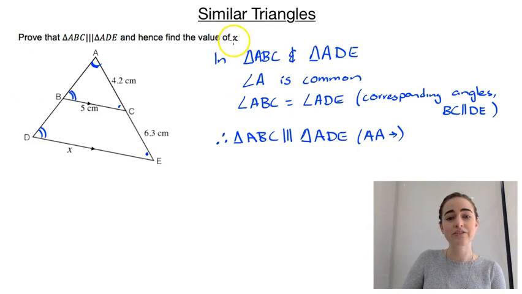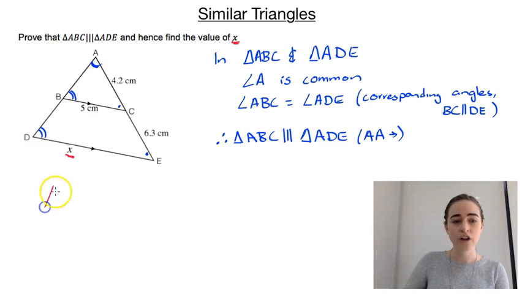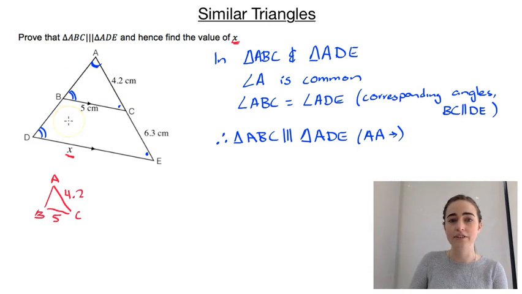The next thing asks us to find the value of X, so find the value of this side here. Now to do that, I'm actually going to draw our two triangles separately. So if I draw a triangle ABC, that's BAC, we've got this side here being 4.2 and this base being 5. So that's just our top little triangle.